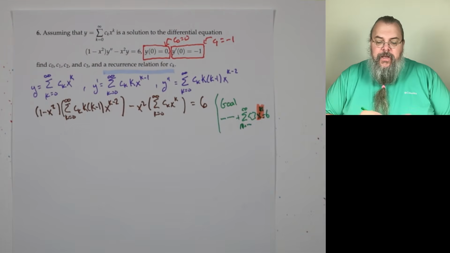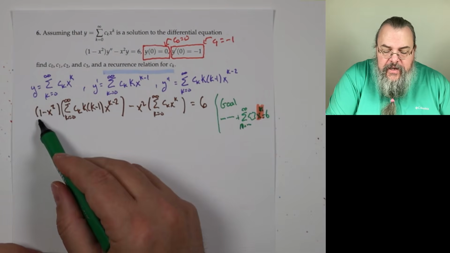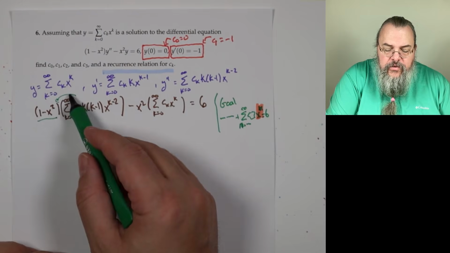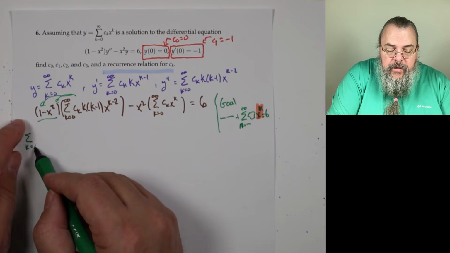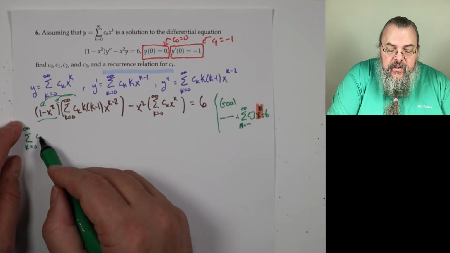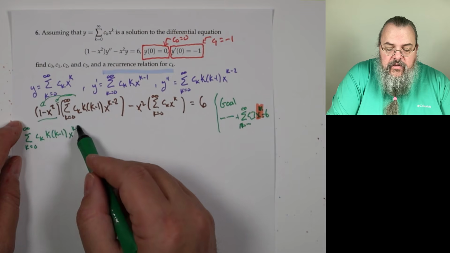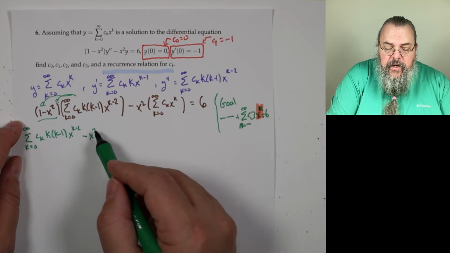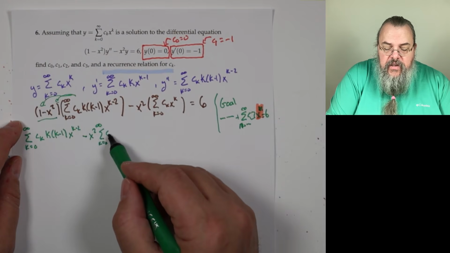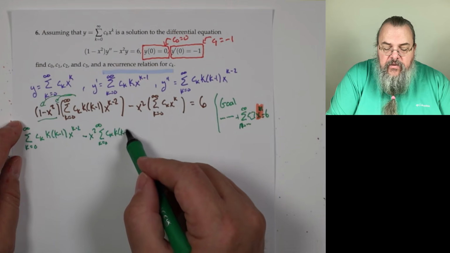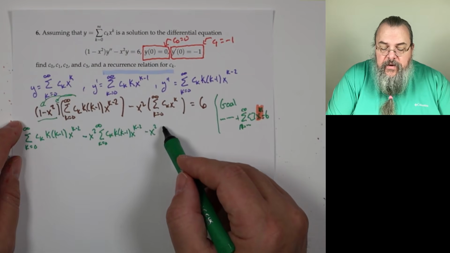All right. And, well, what do we do? Here, let's take advantage of this idea of where we can distribute. So this is really the sum, k equals 0 to infinity, of ck, k minus 1, x to the k minus 2, minus x squared, sum k equals 0 to infinity, of ck times k minus 1, x to the k minus 2, and we still have the rest.